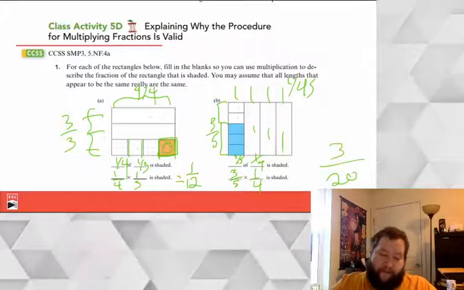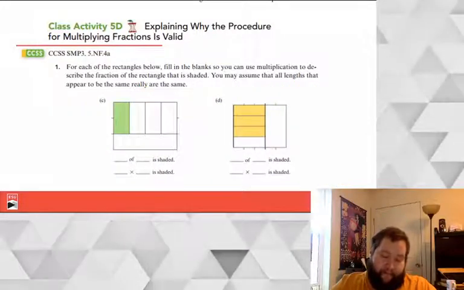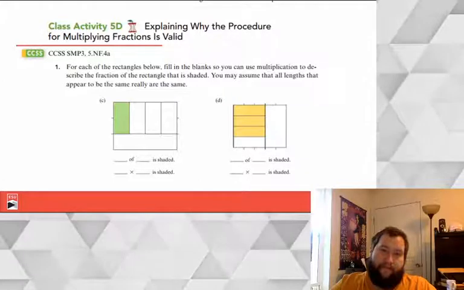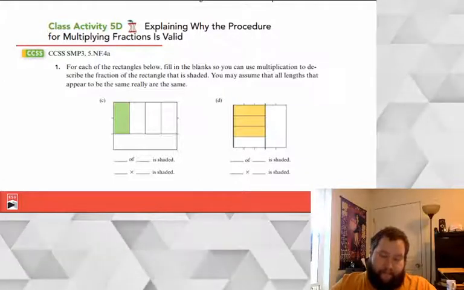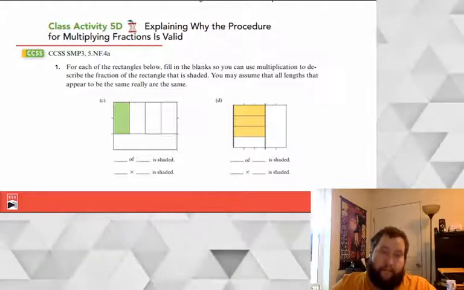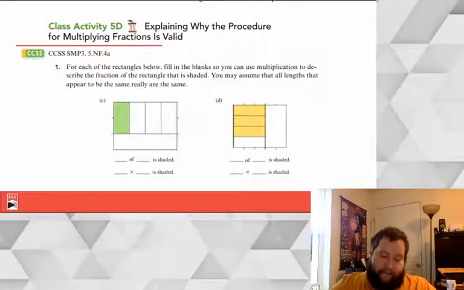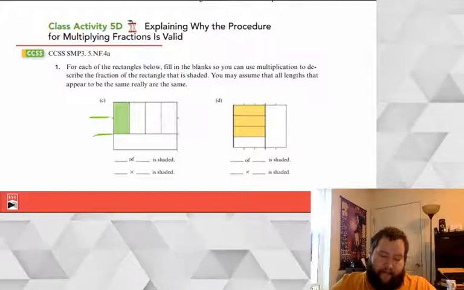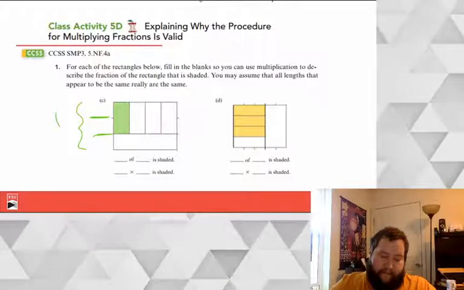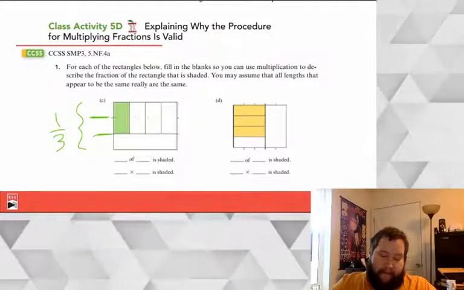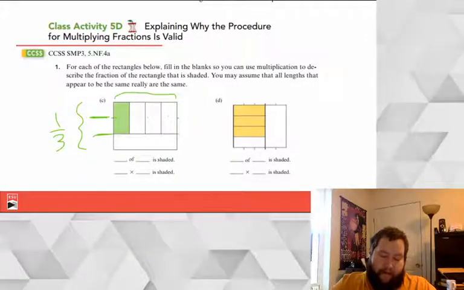We have just 2 more of these to think through. Now, how do we have this one shaded? This way we have thirds, and this way, quarters.